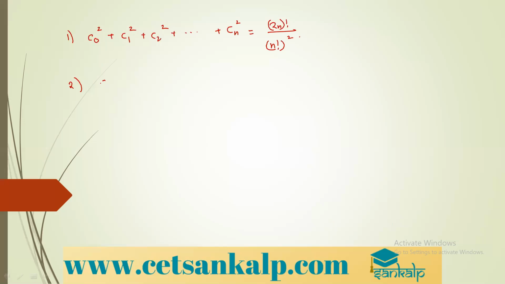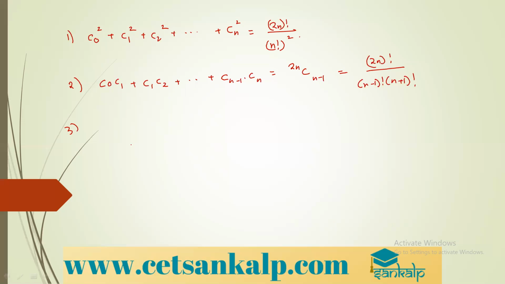The second formula is C0 into C1 plus C1 into C2, and so on, plus C(n minus 1) into Cn, which will be equal to 2nC(n minus 1), or equal to (2n) factorial by (n minus 1) factorial into (n plus 1) factorial.